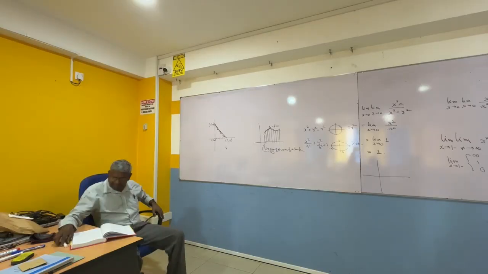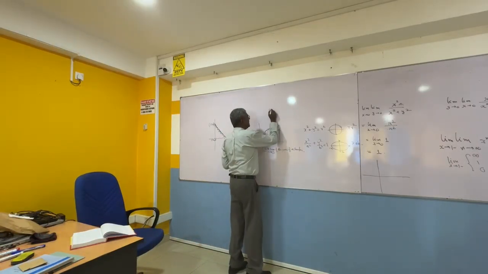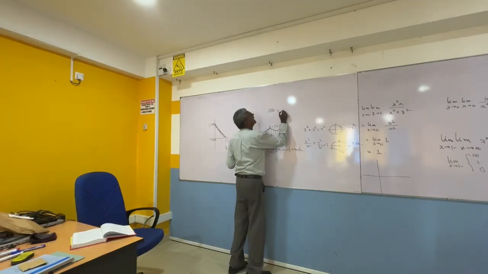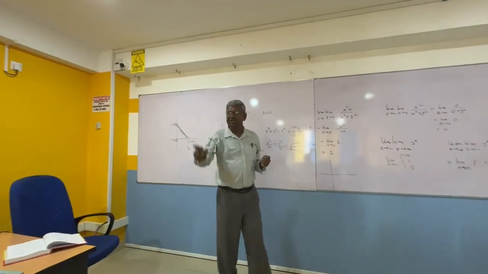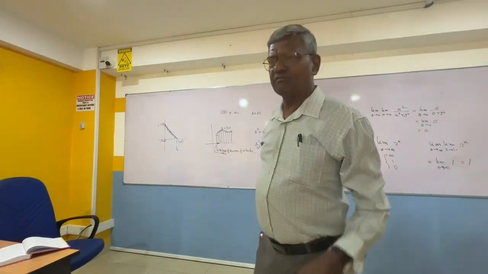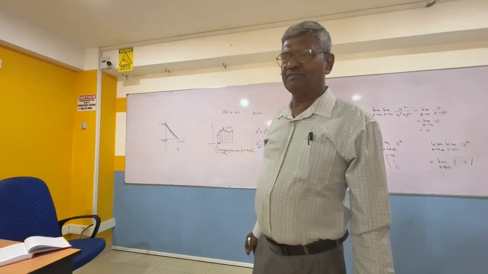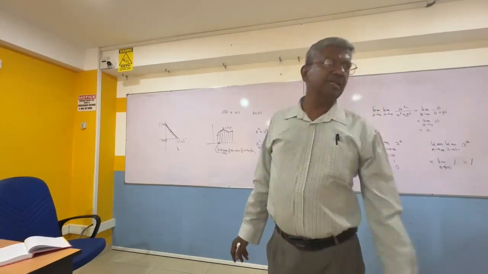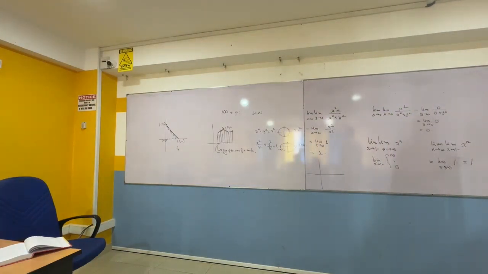Very often, for instance, I write 100 plus 10i and the number 3 plus 2i. Which number is bigger out of these two numbers? 100 plus 10i, 3 plus 2i.